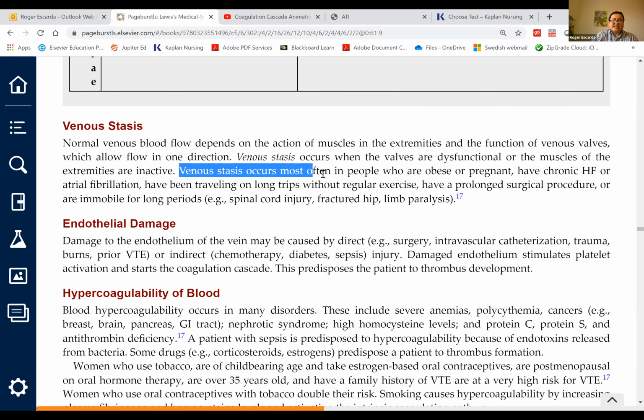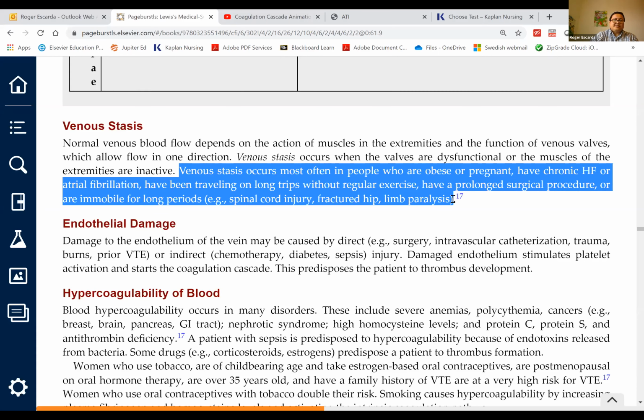Now, the conditions that could lead to venous stasis are the following. Venous stasis occurs in these people right here. Anybody who has immobility, somebody mentioned immobility earlier. How does immobility lead to venous stasis? Blood doesn't move. Okay, but how come blood doesn't move when you are obese, when you have pregnancy, when you have chronic heart failure, when you have AFib, when you're taking overseas trips that last 13, 16 hours long, or you have long surgical procedures?